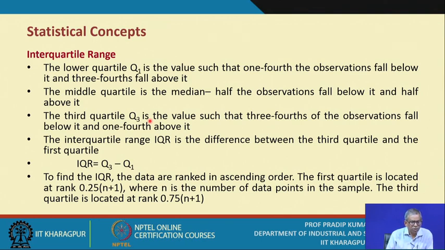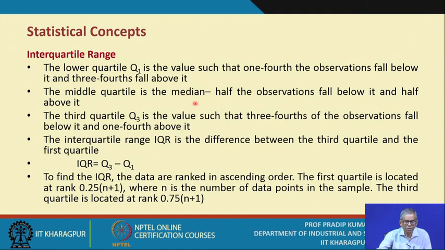The interquartile range essentially refers to the lower quartile, Q1. How do you define Q1? It is the value such that 1/4 of the observations fall below it and 3/4 fall above it. That is the definition of Q1.